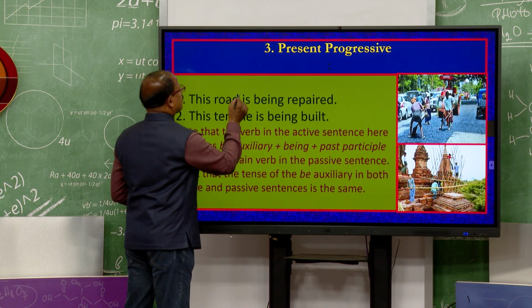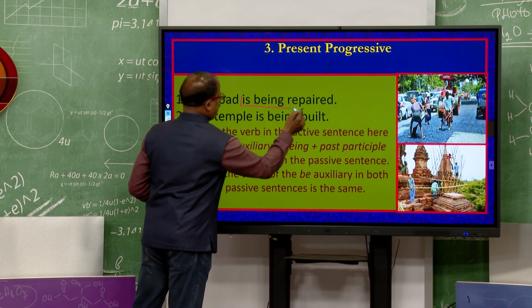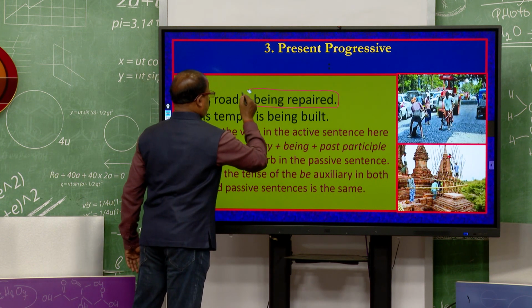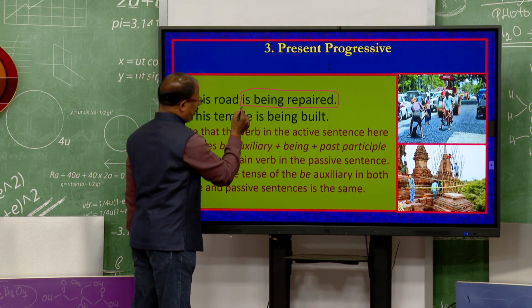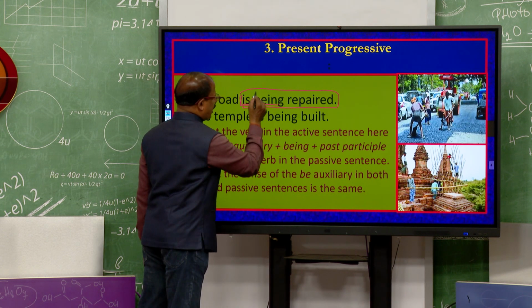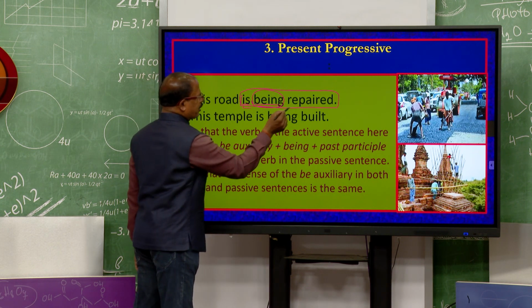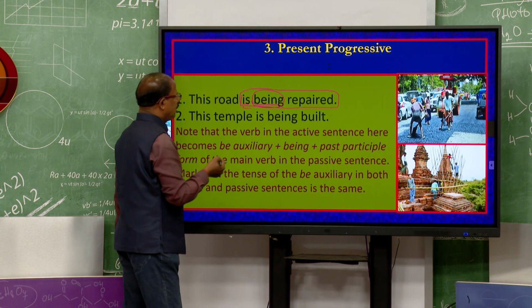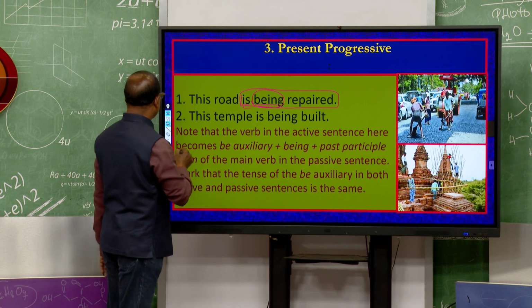When the progressive is there in a passive sentence, the be verb is there and another word, being, that indicates that the work is in progress. So, the road is being repaired, that means the repairing work is being done or it is in progress.